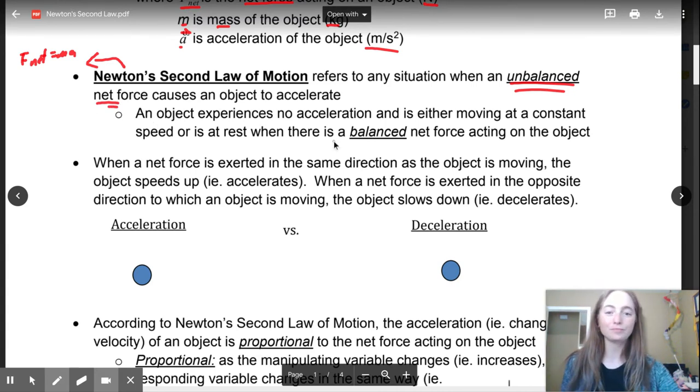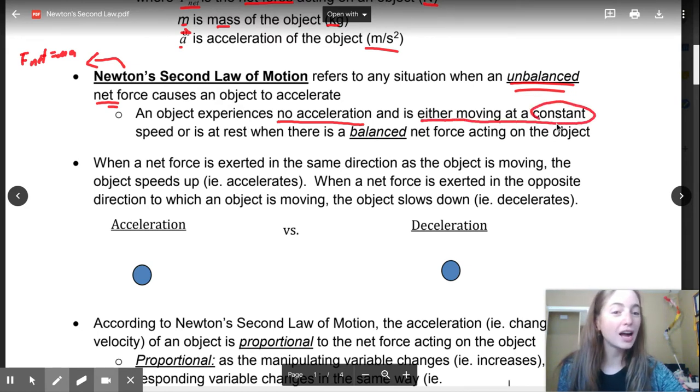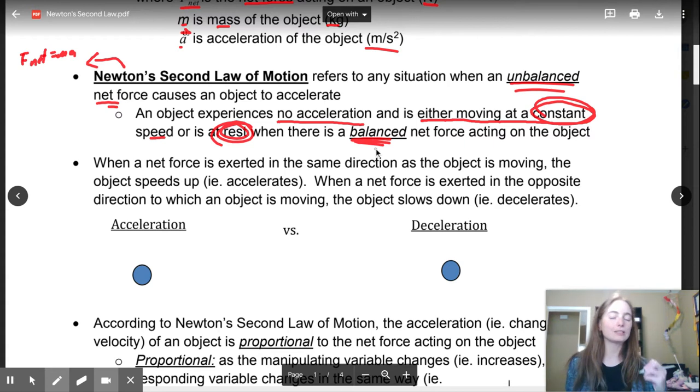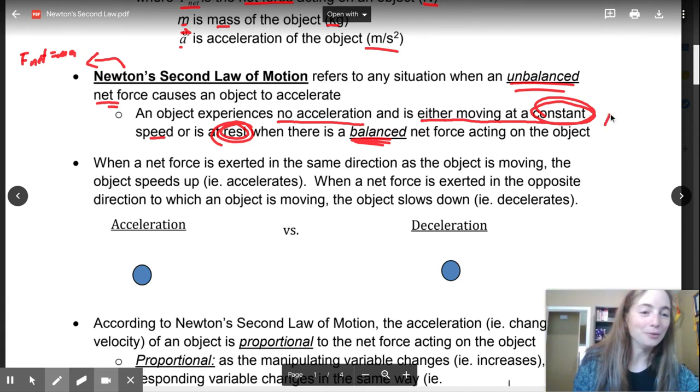Now, when an object experiences no acceleration and is either moving at a constant speed or is at rest, there are balanced forces acting on the object. When an object has balanced forces, what does that mean about our F net? It means F net is 0.